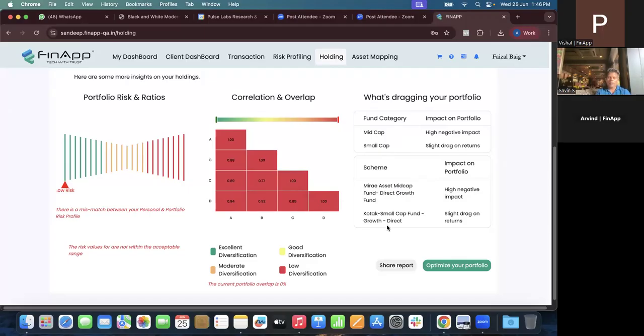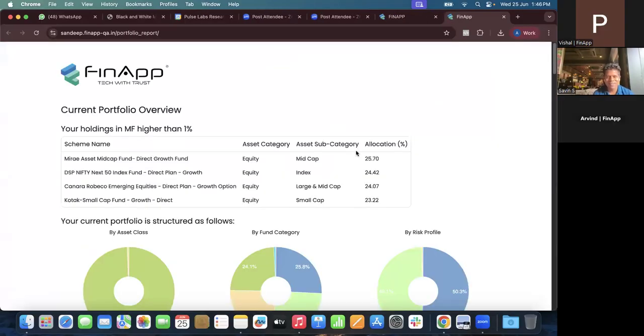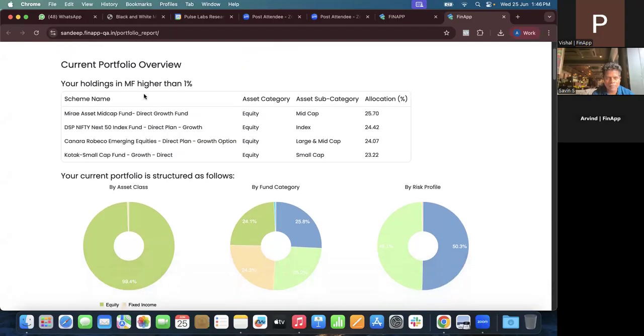Now, are you interested to go further into this? Yes, sir. Perfect. So now with your logo, it will come up with what is the portfolio holding. I've got 4 schemes.